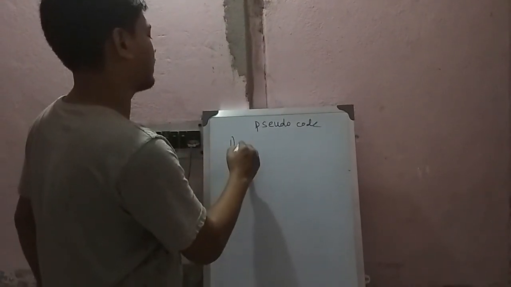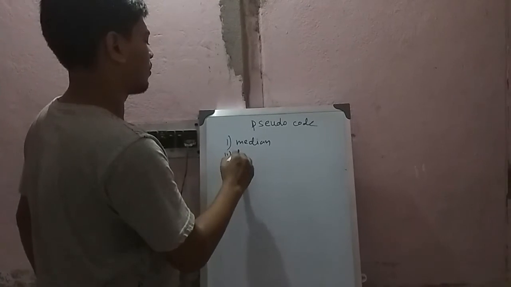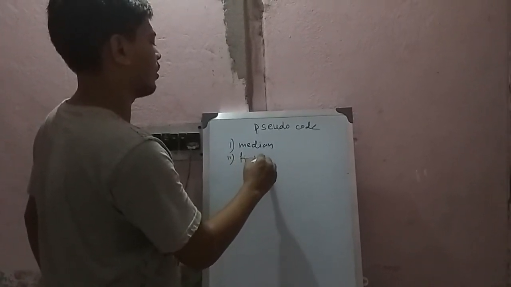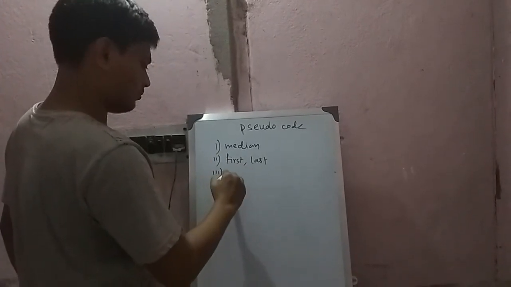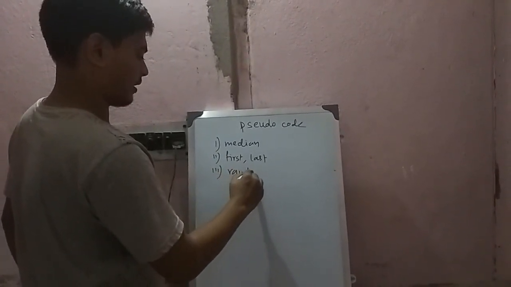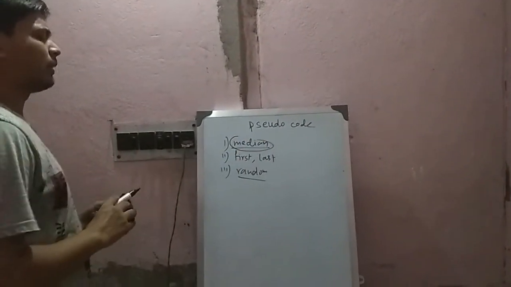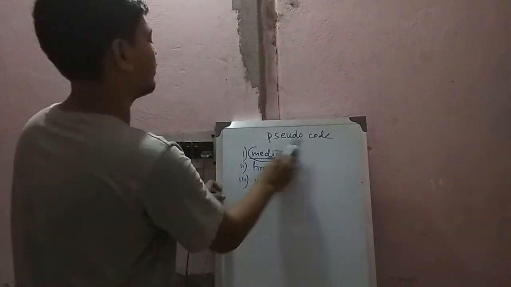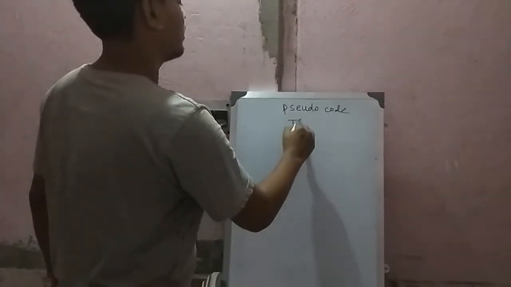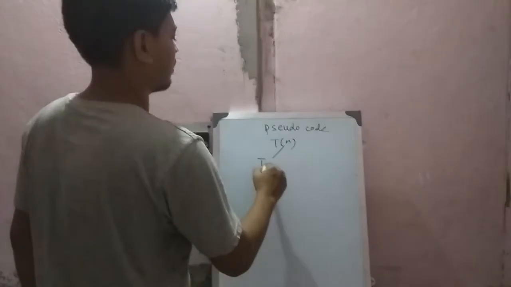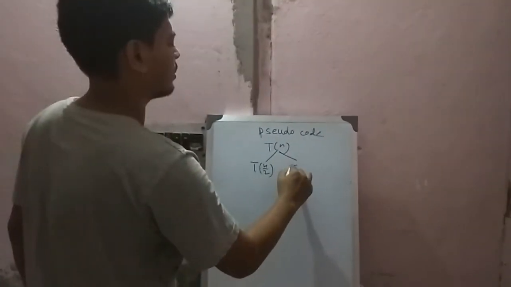I can take the pivot at the median position, or first position, or last position, or some random position anywhere. If I take the pivot at the median position, then after the first pass, the array will divide into two parts, like near about two parts.